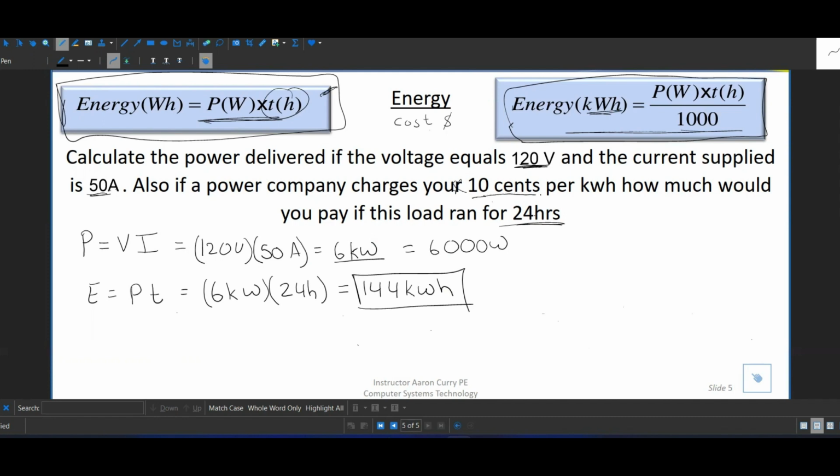In this particular case, it's 10 cents per kilowatt hour. That's the same thing as saying 0.10 dollars per kilowatt hour.